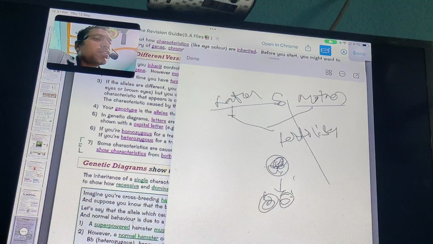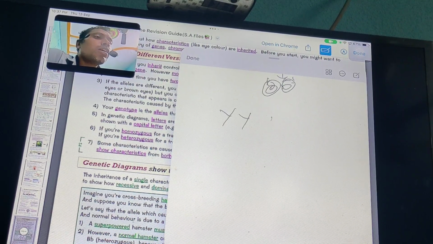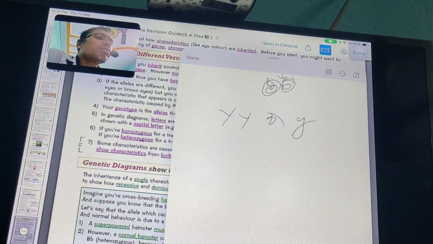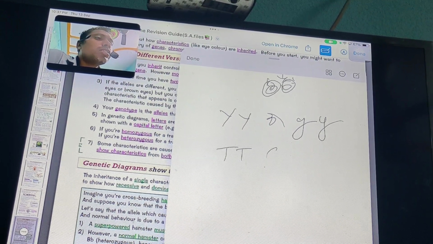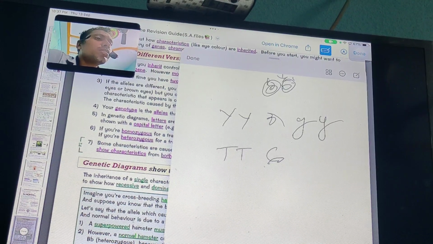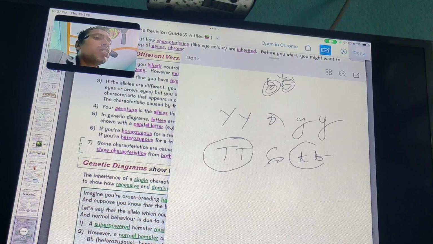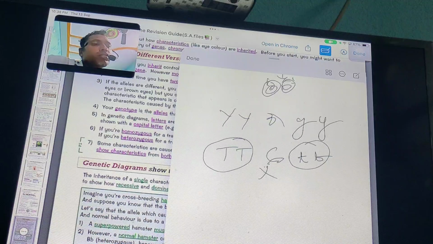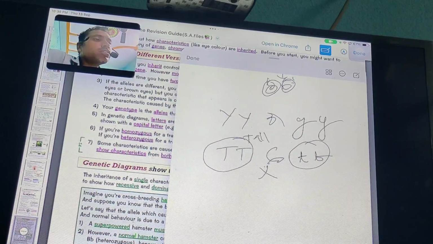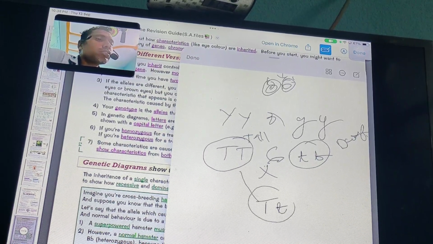For example, yellow or green, with small letter for green, and tall T and dwarf t. You can cross-pollinate a capital T with a small t.